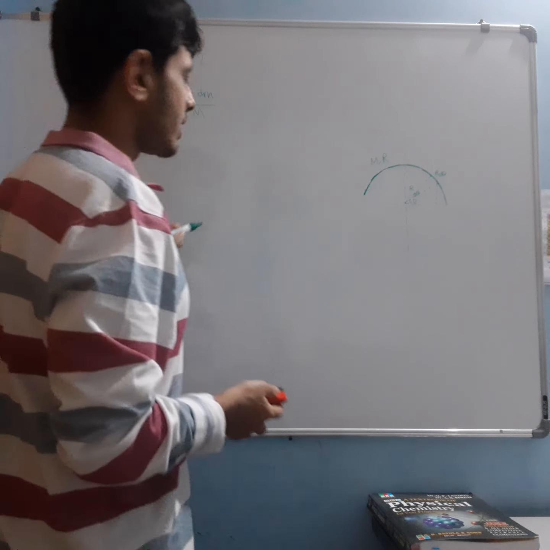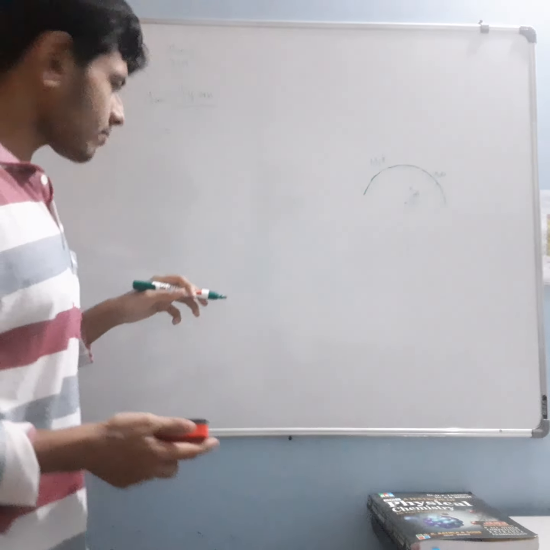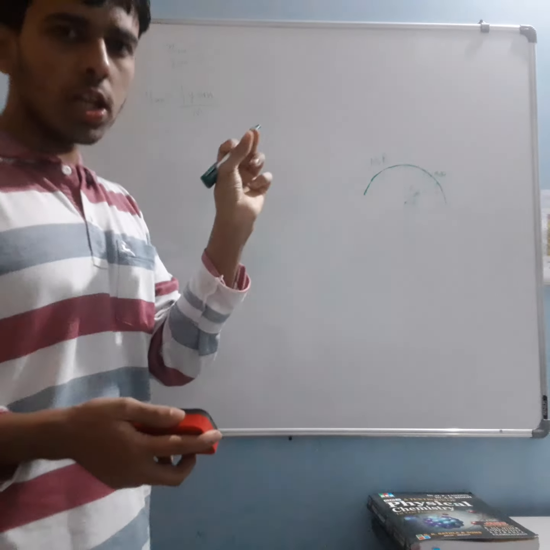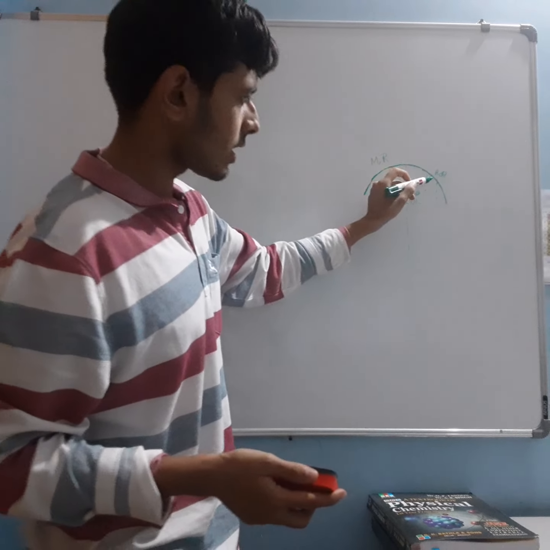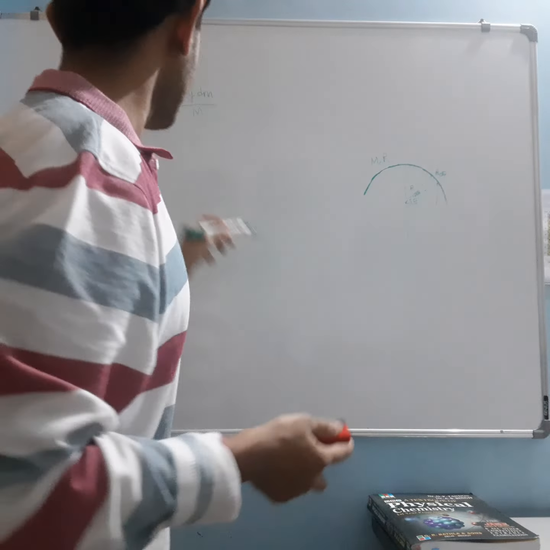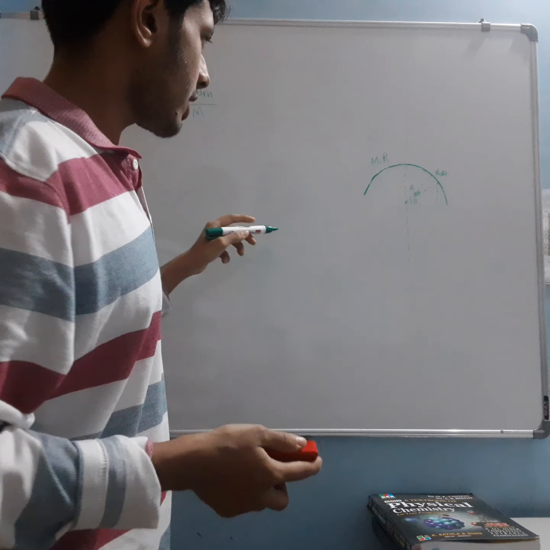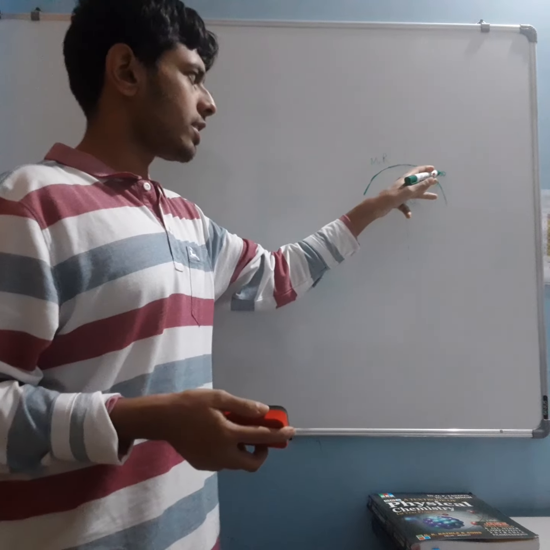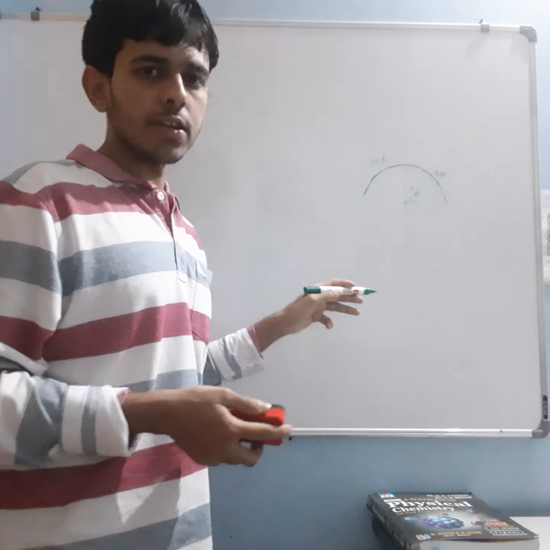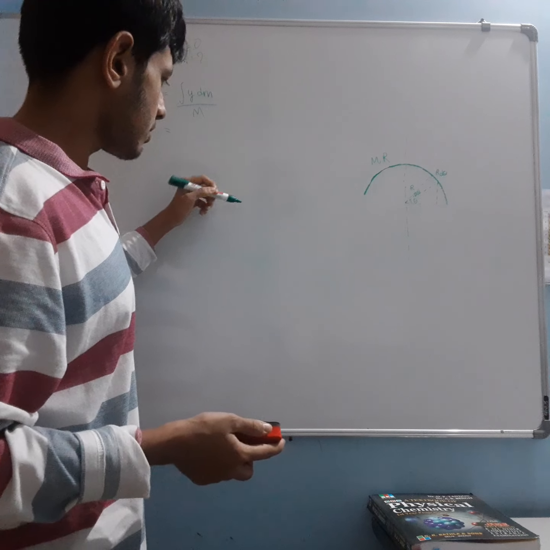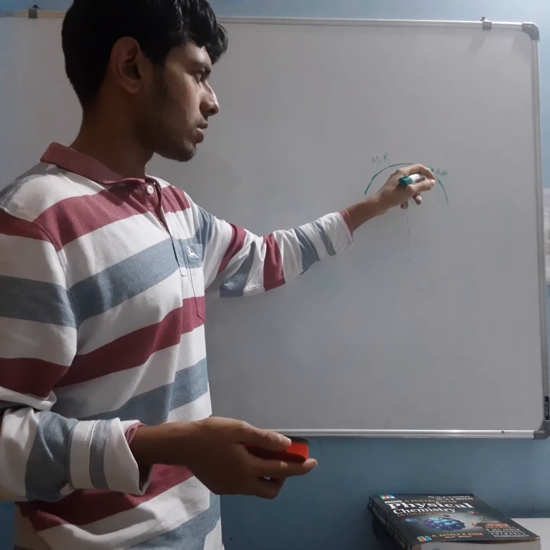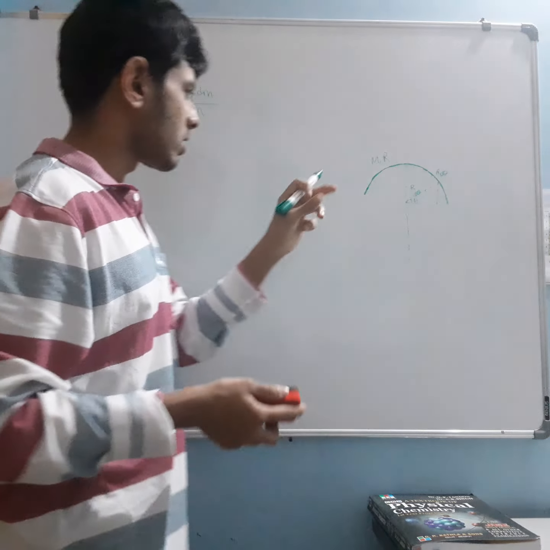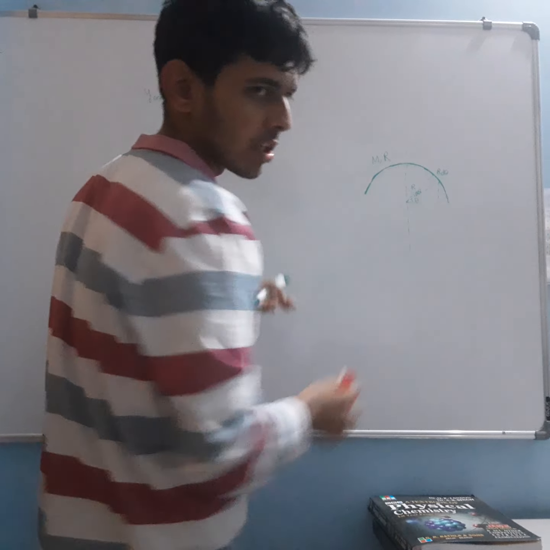So dm is basically the small mass that the tiny arc has, and we can write this dm as a ratio of r d theta and the entire ring. First we get the ratio of the length of the tiny arc to the length of the semicircular ring.